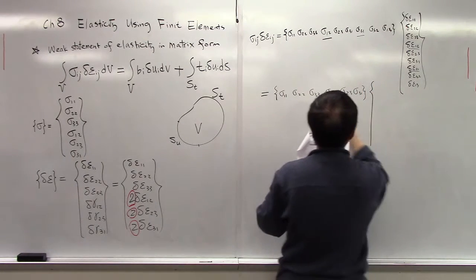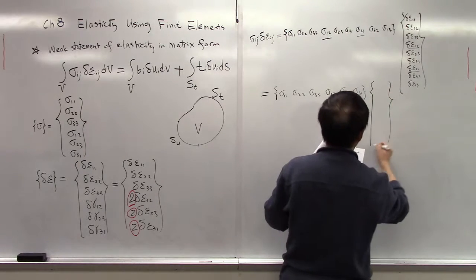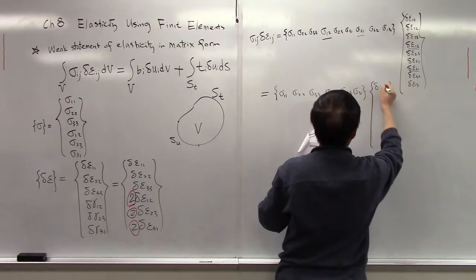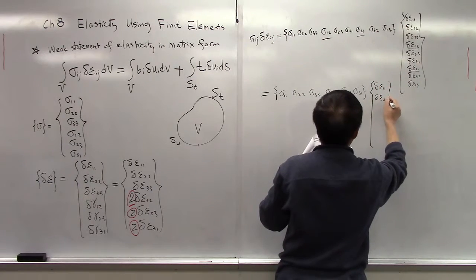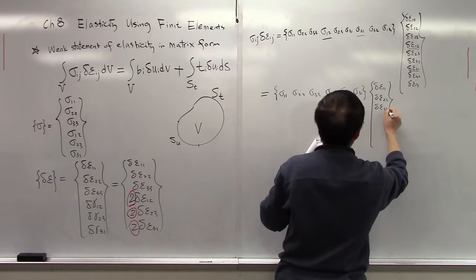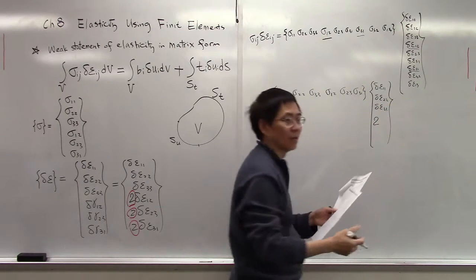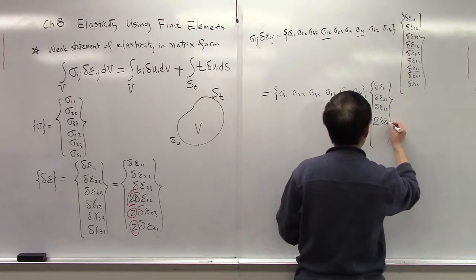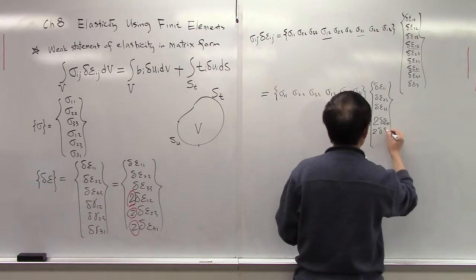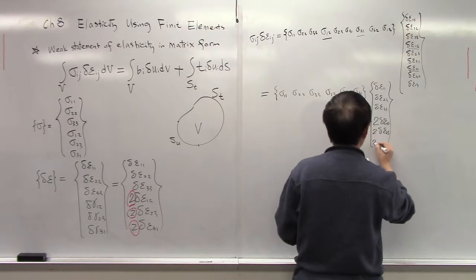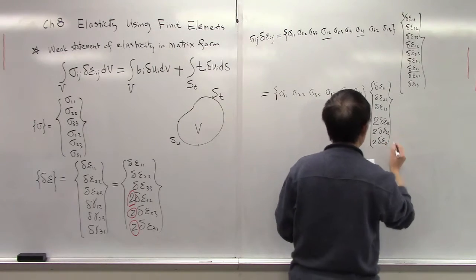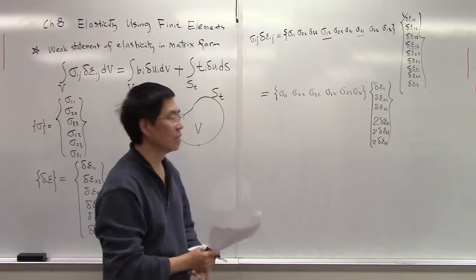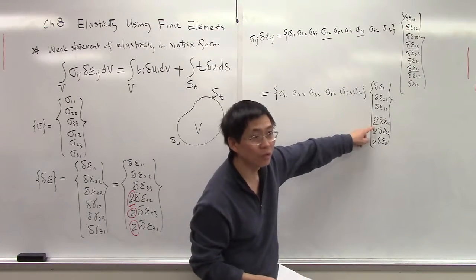So this is now 6 things. I also want to write the strain as 6 things. So 1,1, 2,2, 3,3. This time, you have a factor of 2 in front: 2 delta epsilon 1,2, 2 delta epsilon 2,3, and then 2 delta epsilon 3,1. Okay? So that's where this factor 2 is from.